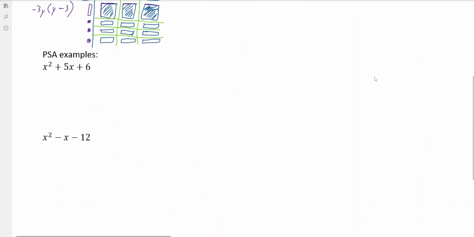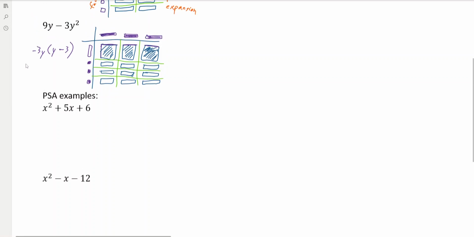Okay, let's try a PSA example here and see if we can figure this out. Okay, I'm not a big fan of the algebra tiles, but we're going to draw it out. Same rules apply. You must make a rectangle. You must not cut.